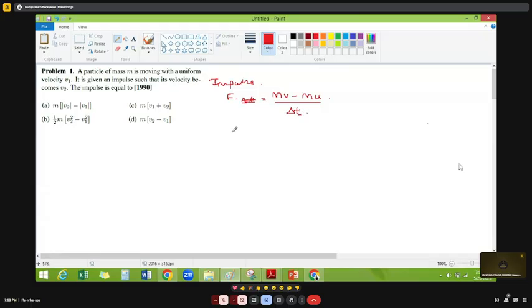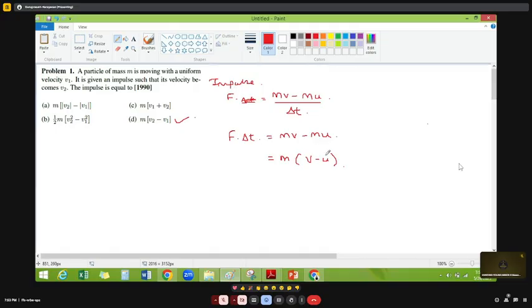So delta t comes on this side, and F delta t is your impulse, mv minus mu. If I keep the m common, it will be v minus u, or v2 minus v1. So it should be this one.